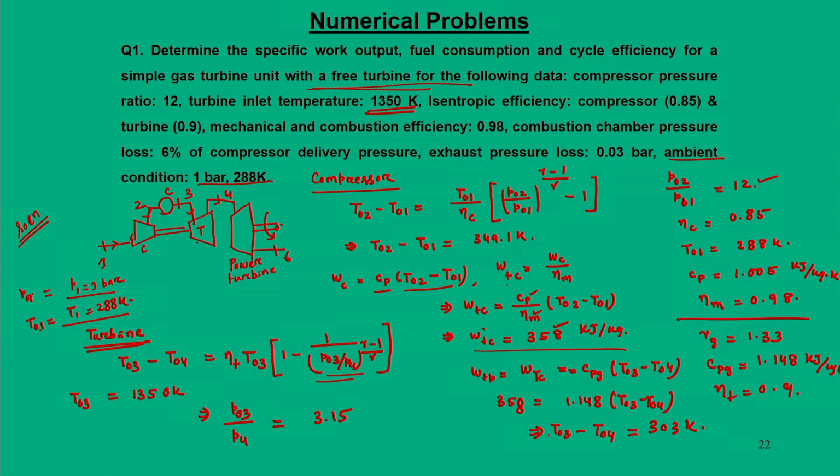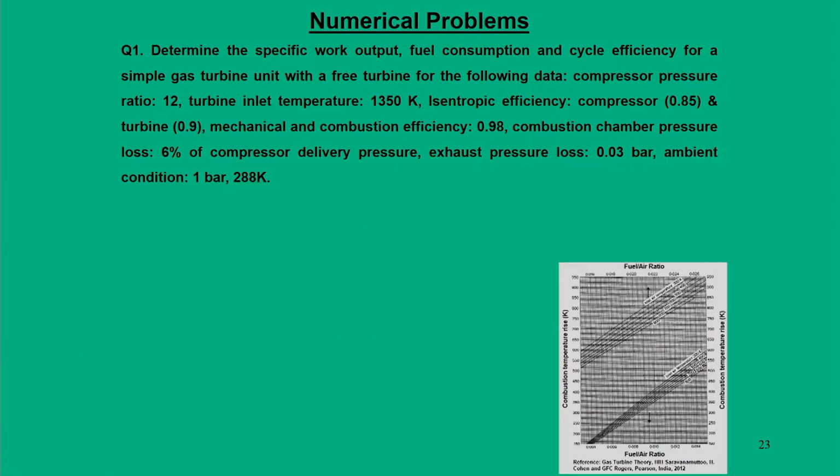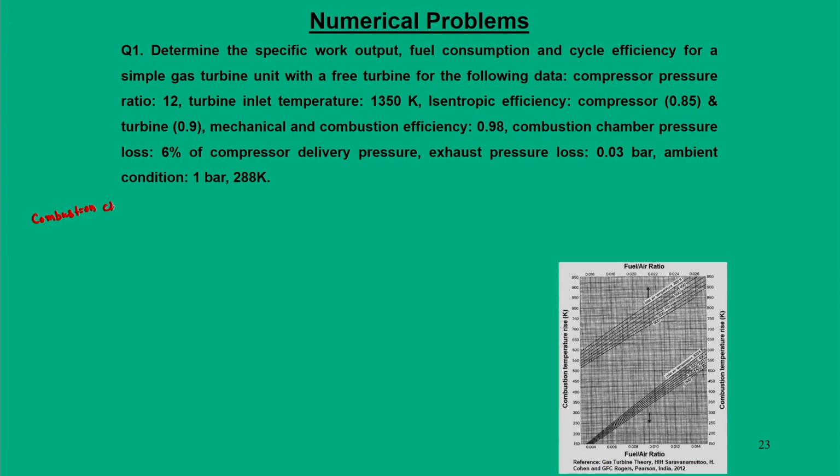Okay. Then moving further, what we also require is P03 by P04, so we have to take the component efficiency. That means you have to go to the combustion chamber. The pressure loss is nothing but 6% of the compressor delivery pressure. That means 0.06 into the compressor delivery pressure of 12 bar. So this turns out to be 0.72 bar.